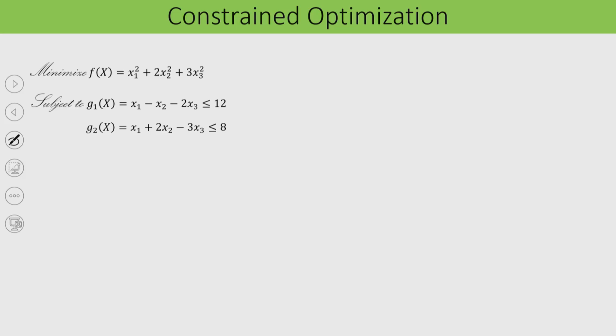So, this is a minimization problem. Minimize f of x equal to x 1 square plus twice x 2 square plus thrice x 3 square, and we have two constraints here, subject to z 1, which is x 1 minus x 2 minus twice x 3 less than or equal to 12, and z 2 equal to x 1 plus twice x 2 minus thrice x 3 less than or equal to 8.